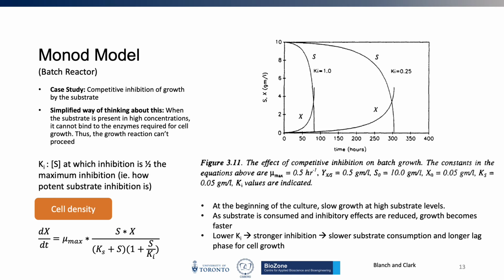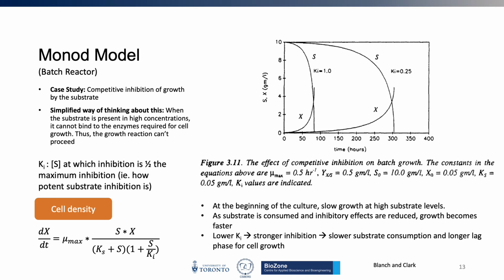So you have a lag phase and then an exponential phase, and you might think that this looks similar to a regular cell growth curve, and you're probably right, but where you can really see the inhibitory effects is when you look at different K sub I's.